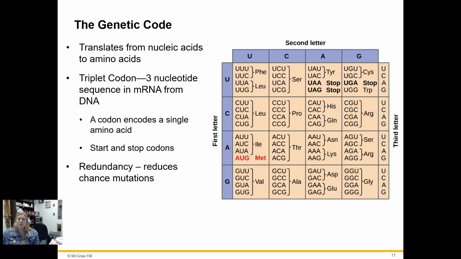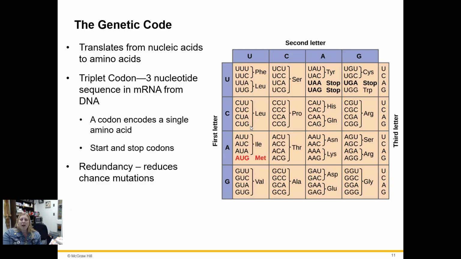Redundancy is important because it reduces the chances of mutations. I hope you'll notice here that if you have C and then U as your first 2 letters, it doesn't matter what your third letter is, whether it's U, C, A, or G. For that triplet codon, 3 nucleotides on that mRNA, all of them, CUU, CUC, CUA, and CUG, code for an amino acid called leucine.